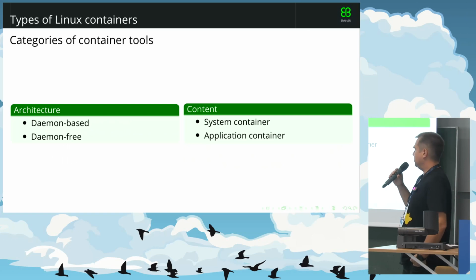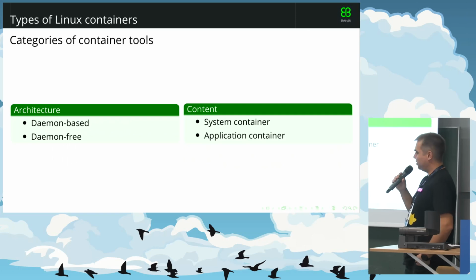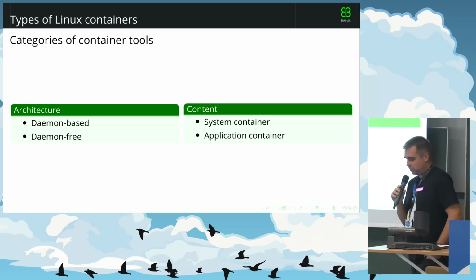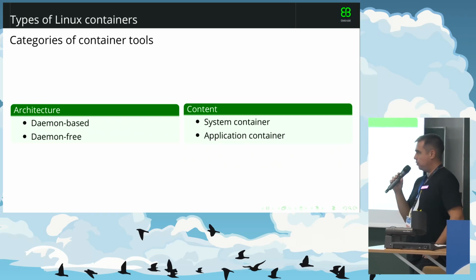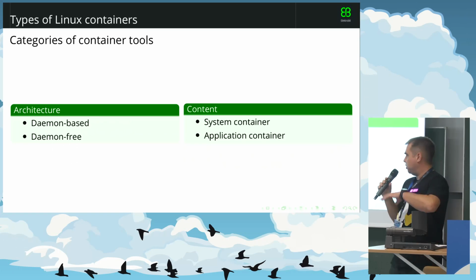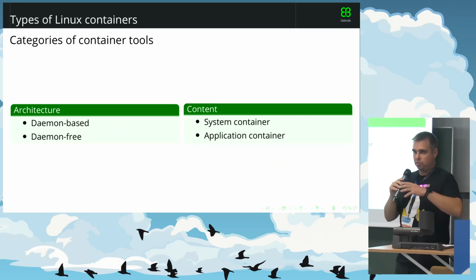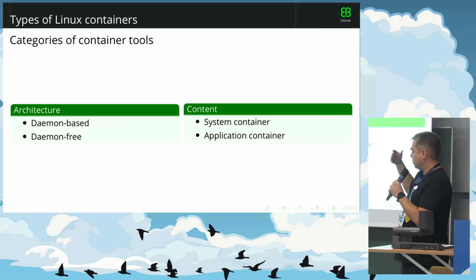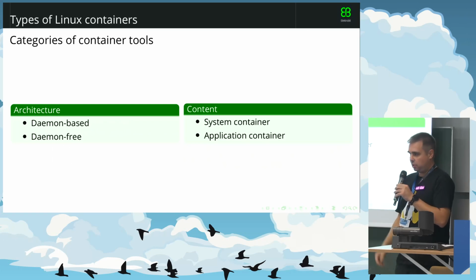And then it's not all OCI and the Docker world. There's more, and there are different goals which are solved by this container tooling. From the OCI world, you typically have the application container, so you want to provide an environment to package one application, but there is also the world of system containers, which tend to be a lightweight VM.